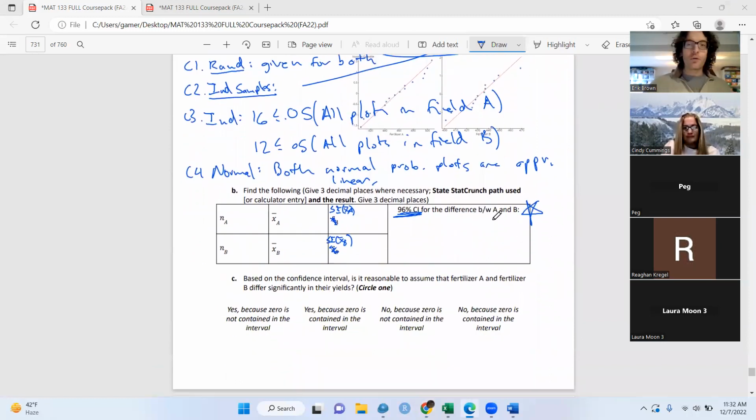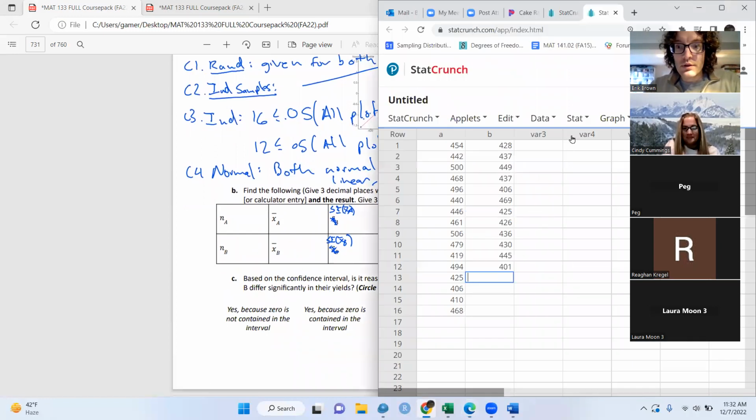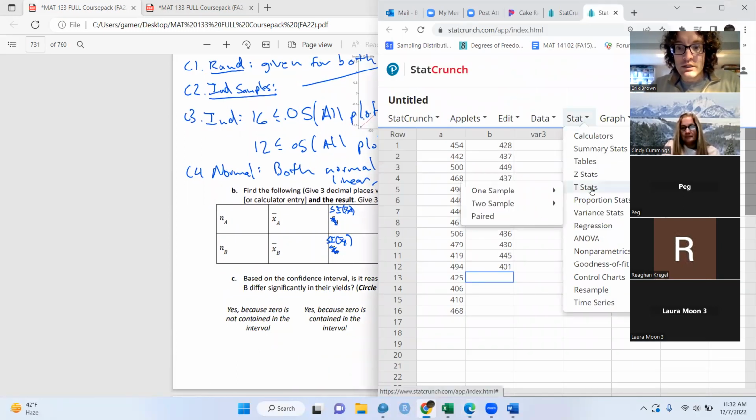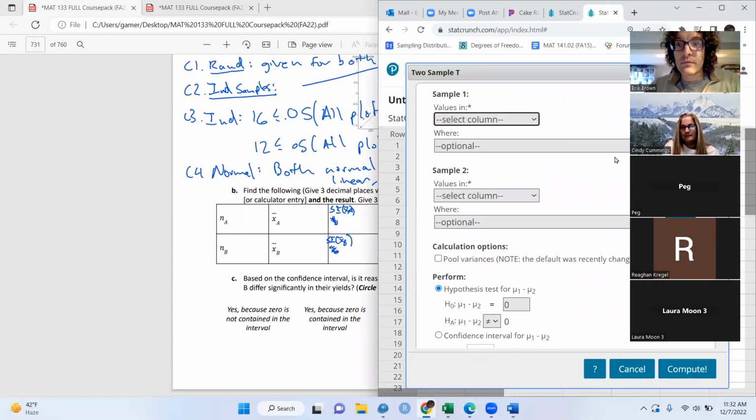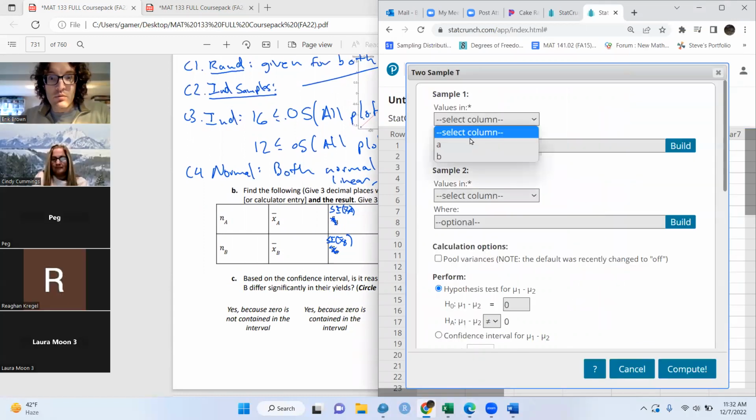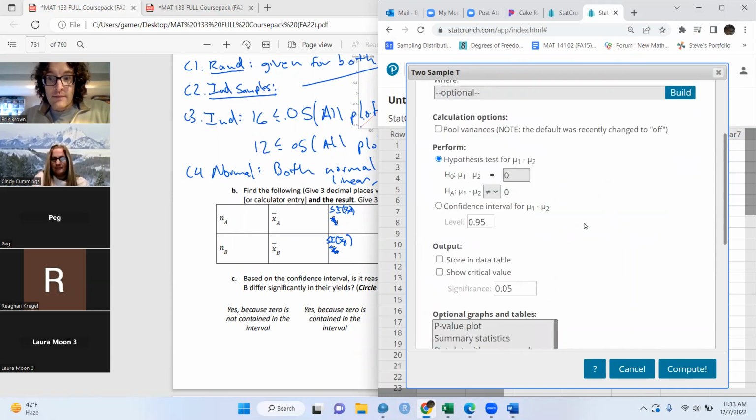Okay, y'all. I'm realizing we've got lots of problems to do, so I've got to speed this up a smidgen. You did stat, T-stats, two sample with data. We said sample 1 was A, sample 2 was B. We're going to leave the pooled variances unchecked, that's the default.